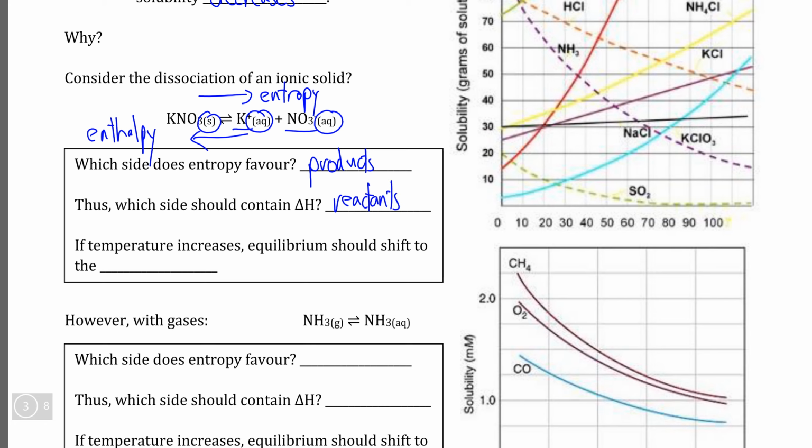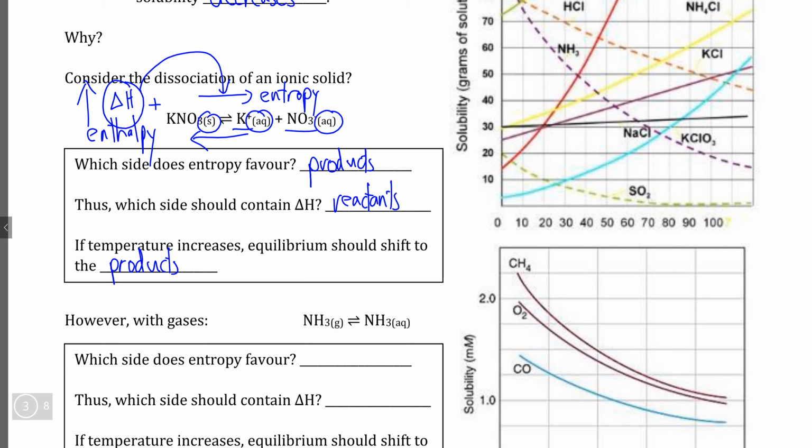This is not always true, and we'll see exceptions of this later on, but if we assume that delta H is in the reactants here, an increase in temperature means that, remember that both forward and reverse reaction rates increase when temperature increases, but only one side has delta H, meaning that when the forward reaction happens, delta H, this extra energy is produced, which therefore increases the temperature and feeds back into the forward reaction rate like this, causing the equilibrium to shift to the products.